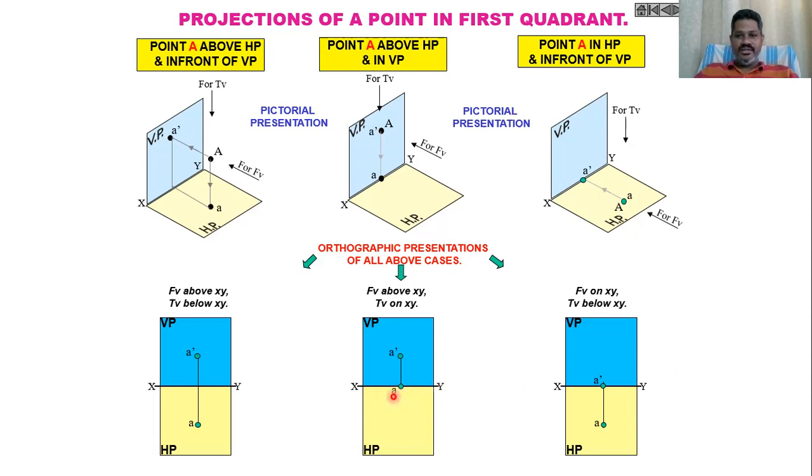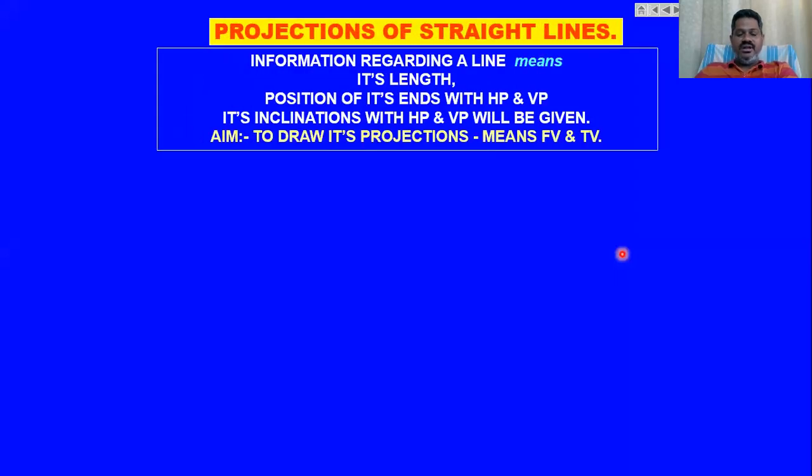Then when the point lies on HP and in front of VP, the front view lies on the XY line and the top view lies below the XY line. These are the three cases that we have seen as of now. Now, let me move further to see the projections of the lines.